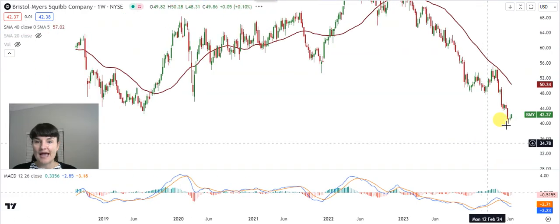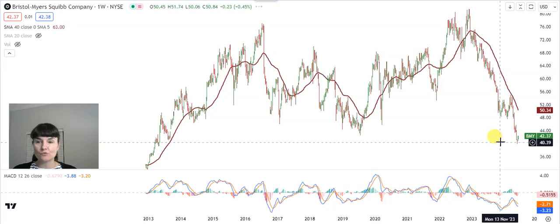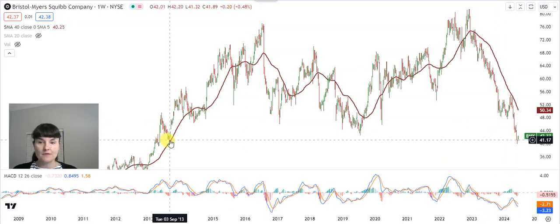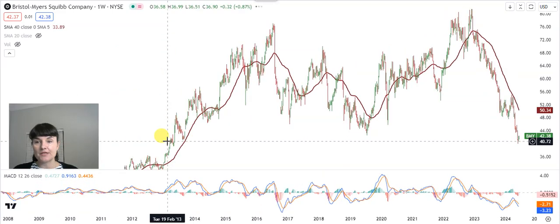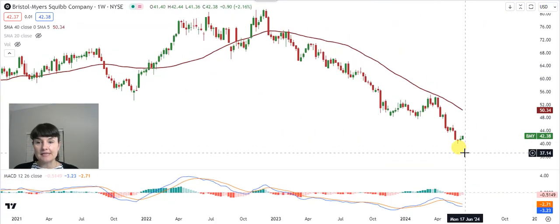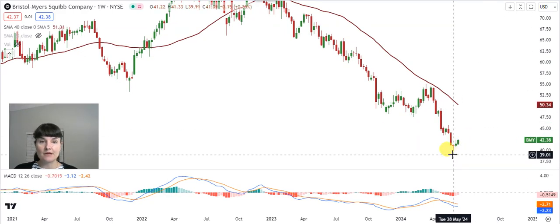And if I go back, we can see the last time Bristol Myers traded at these levels was back in September 2013, right? 11 years ago, that the share price traded around these levels. So very interesting. Let's see if higher lows are visible. Keep that support. Write it down: 39.91. Strong levels of support that needs to hold on Bristol Myers. But let's hope that this dragonfly candle rings the bell for a turnaround in the share price.